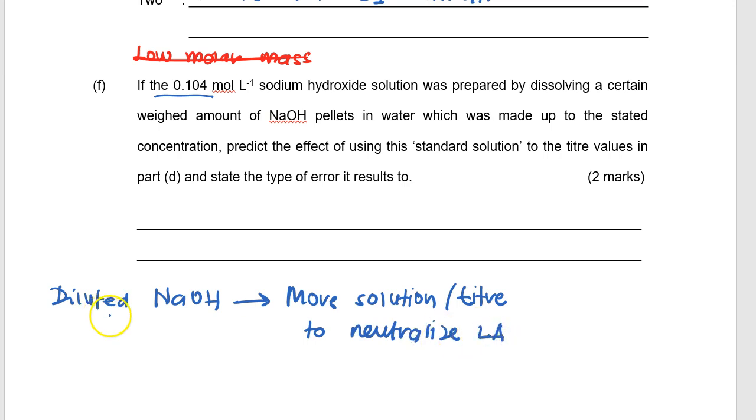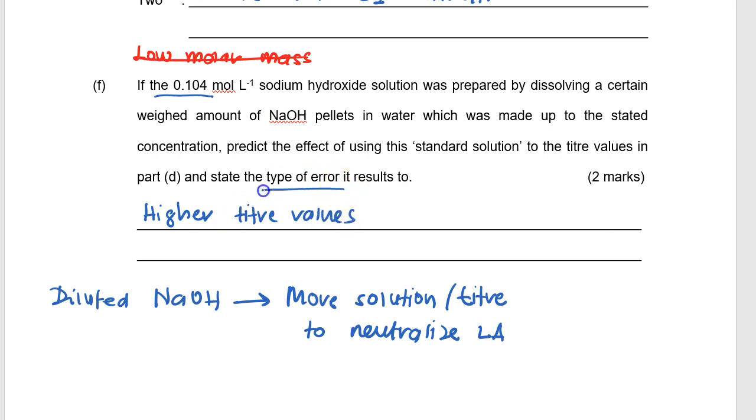Because, like I said, the sodium hydroxide is diluted, meaning the number of moles inside will not be sufficient, will not be equivalent to this concentration, because the final concentration would not be this, it will be lower. So more solution or more sodium hydroxide will be needed to neutralize lactic acid. So what's going to happen? You're going to end up with higher titer values.